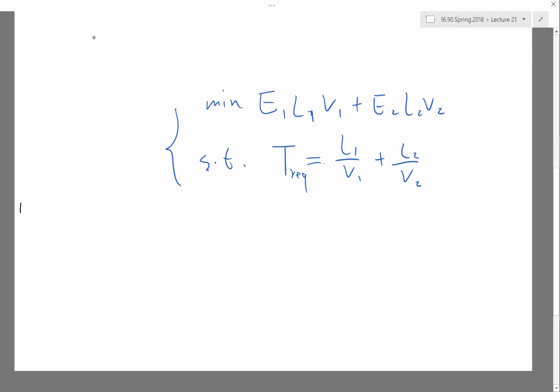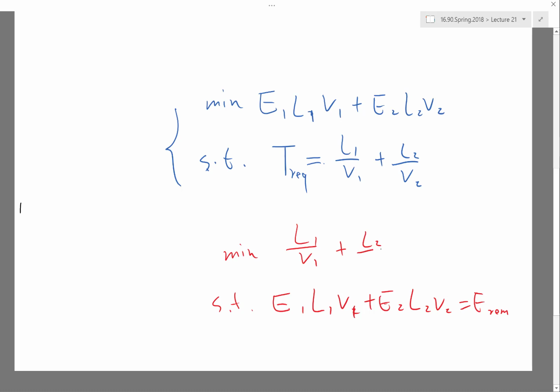You have E1 L1 V1 plus E2 L2 V2 less than or equal to E remain, and you want to minimize the amount of time.